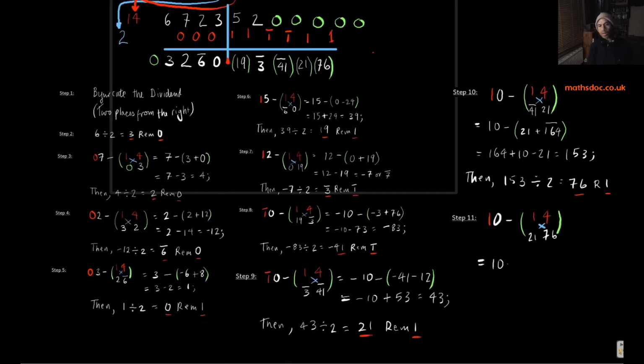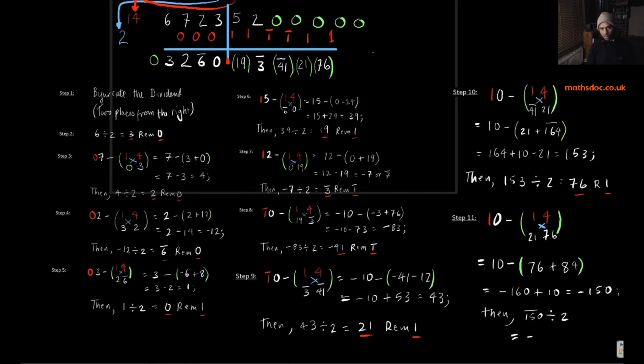10 minus 76 plus 84. What's that come to? 10 minus 160 plus 10. It's minus 150. So that's our net dividend. And we need to divide that by 2.